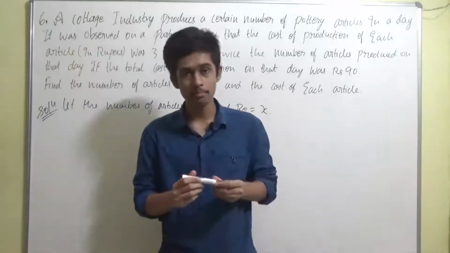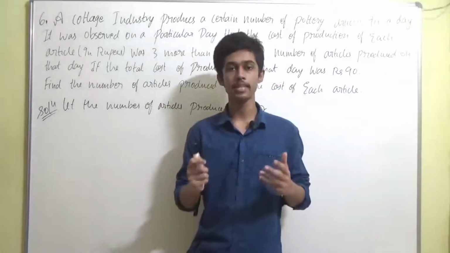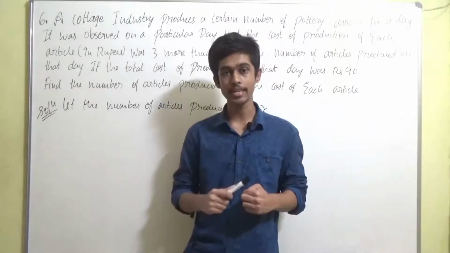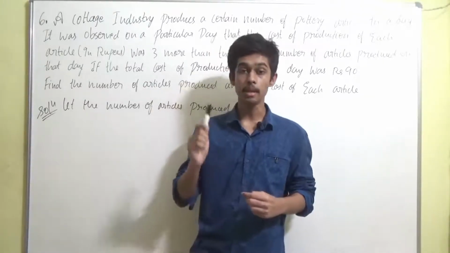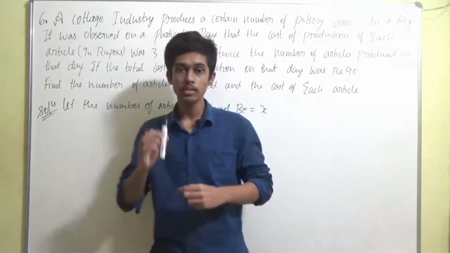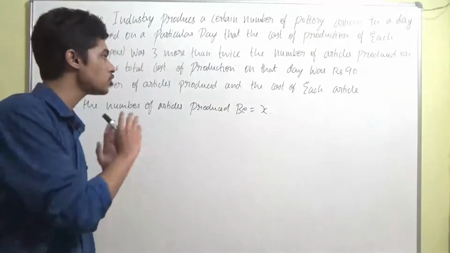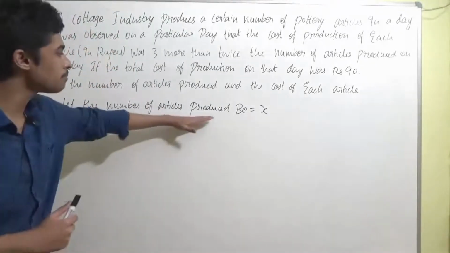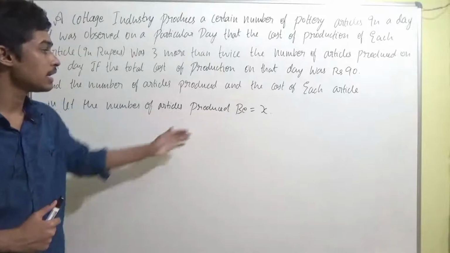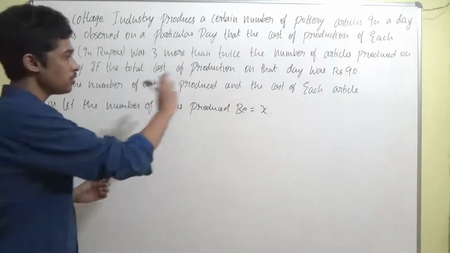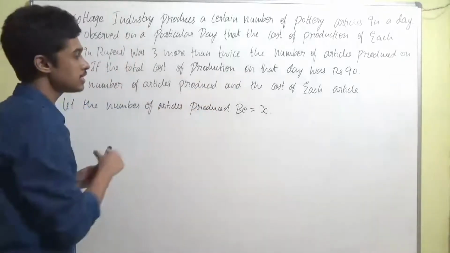So guys, for example, if this marker is 30 rupees, if I buy 3 markers, it's going to be 3 into 30, that is 90. So the number of quantity into the price of each quantity gives us the total cost, right? So the number of articles into the price of each article is going to give you the total price, which they have given as 90.